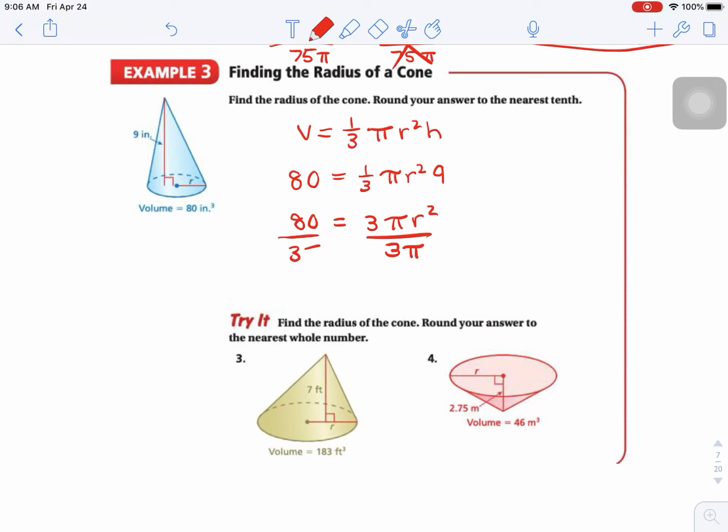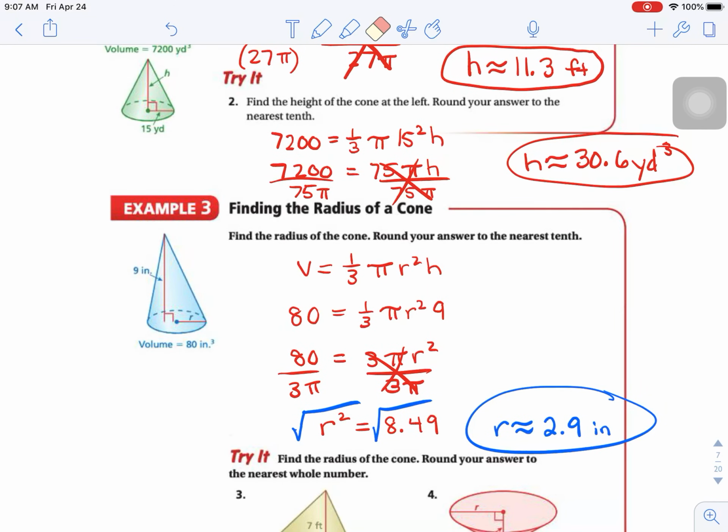Divide by 3 pi. So we get r squared is about 8.49. Then to get r by itself, we need to take the square root of both sides. When we do that, we get r is approximately 2.9 inches.